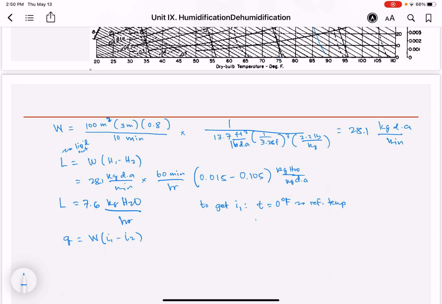Your I is equivalent to your CS times T, so equation 9.10, that is your CS times T plus 1075.4.